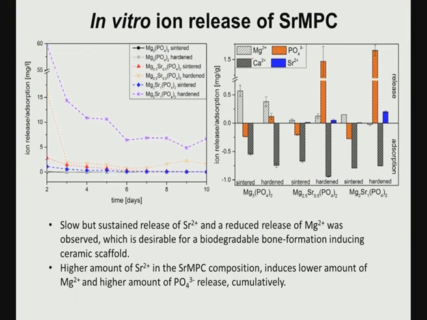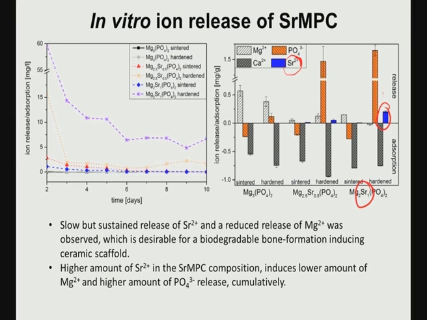Now, in vitro ion release. As I said in the beginning of this case study, strontium ions are expected to be released, and whether they are released at all is tested when this Mg2 Sr1 (PO4)2 is put in an in vitro solution, let us say a physiological medium.